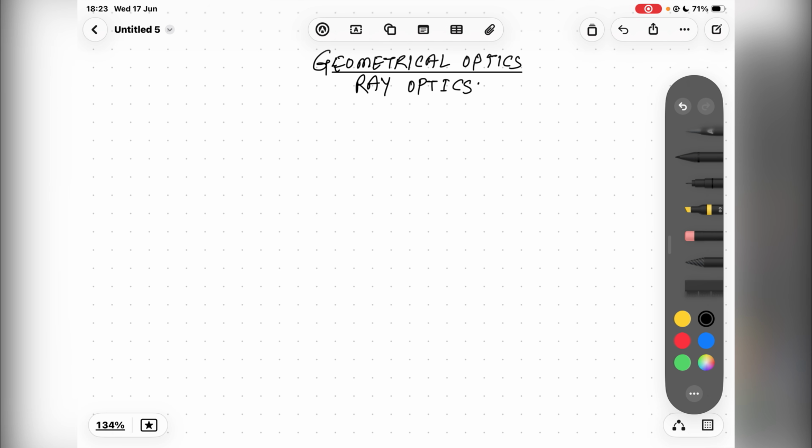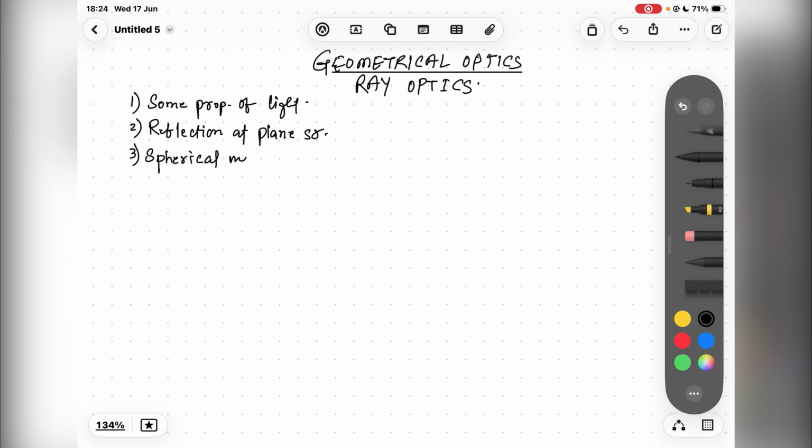In today's video we will cover these points: some properties of light, reflection at plane surface, spherical mirrors, image tracing, and sign convention.